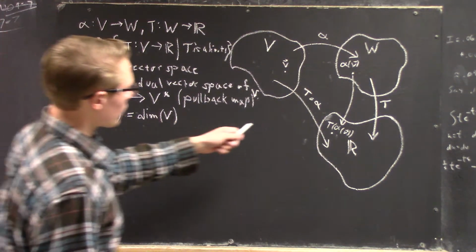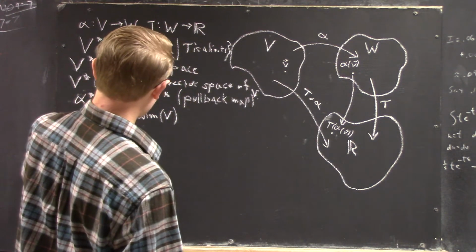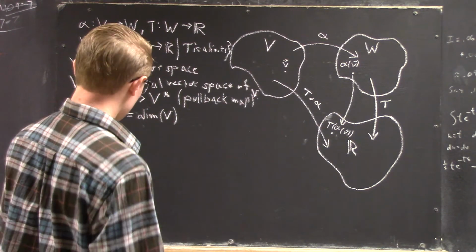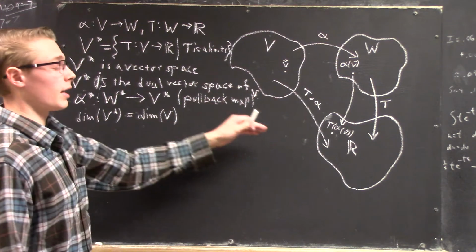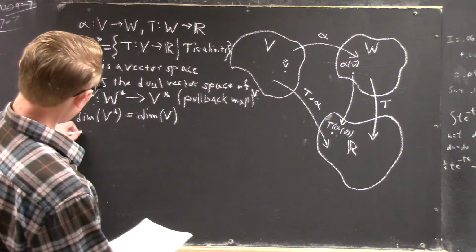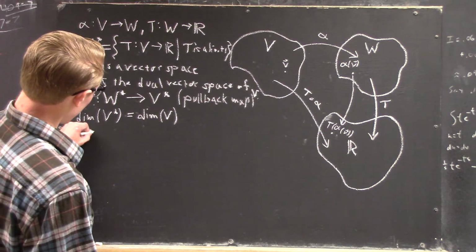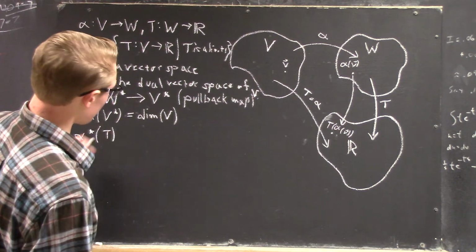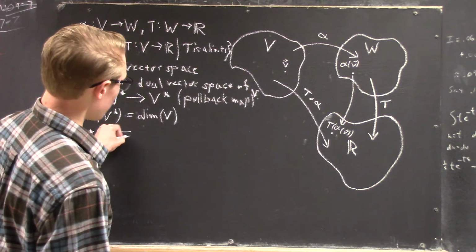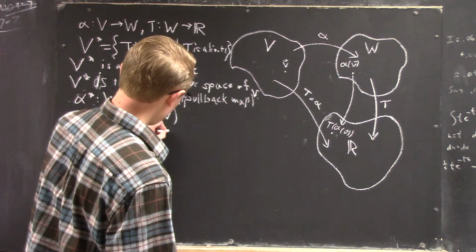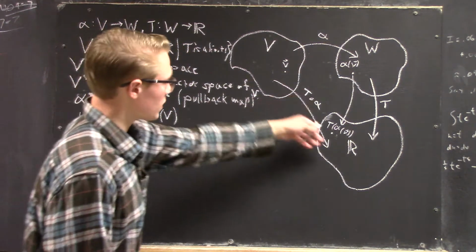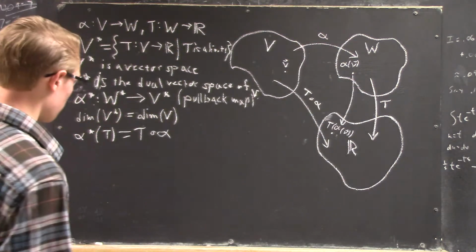So, another thing to note is that the pullback of T by alpha, denoted as such, is also equal to the composition of the transformations T and alpha, or T of alpha, and so on.